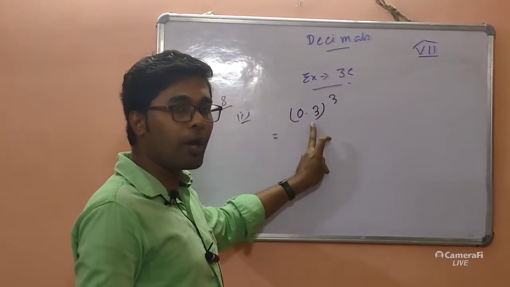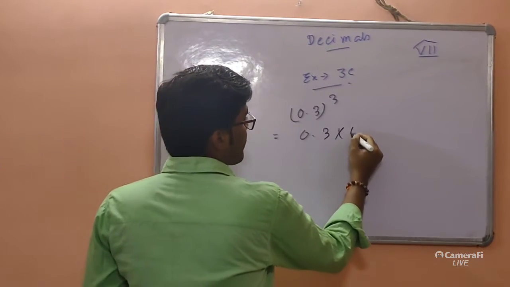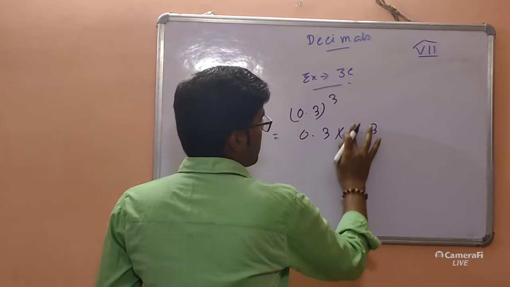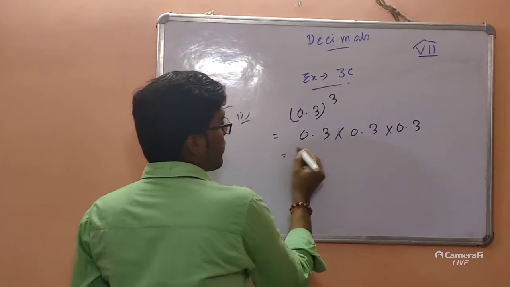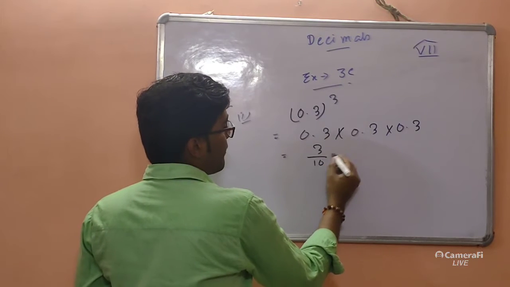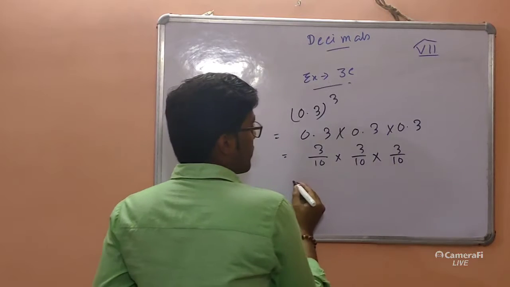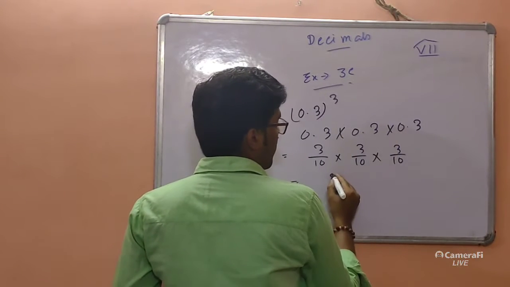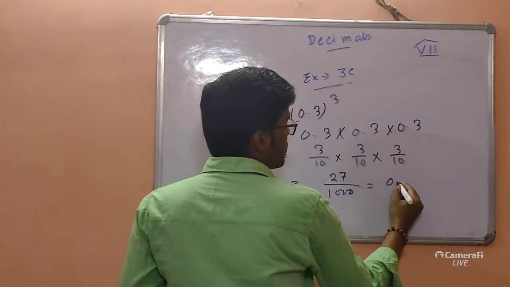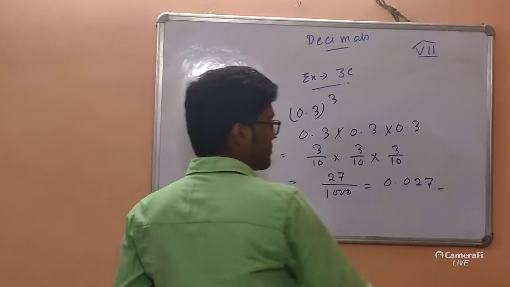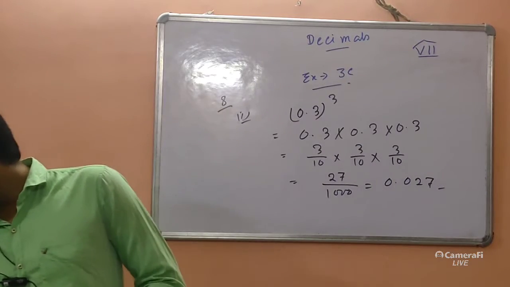That means we will multiply 0.3 three times. So this becomes 3 by 10 into 3 by 10 into 3 by 10, and 3 into 3 into 3 becomes 27, divided by, after 1, 3 zeros, so 0.027. Clear? Let us do the next one.